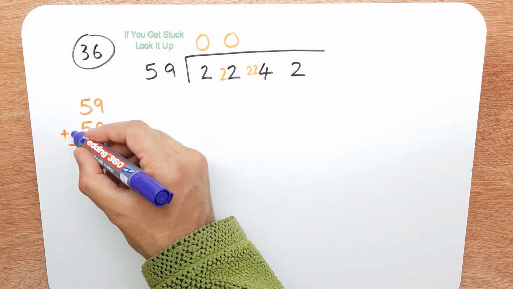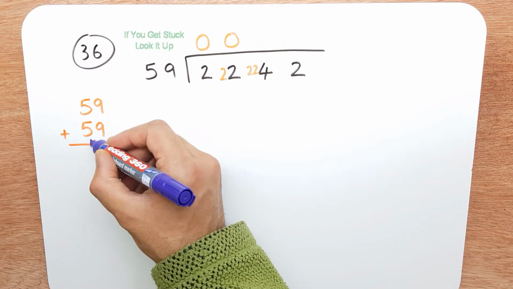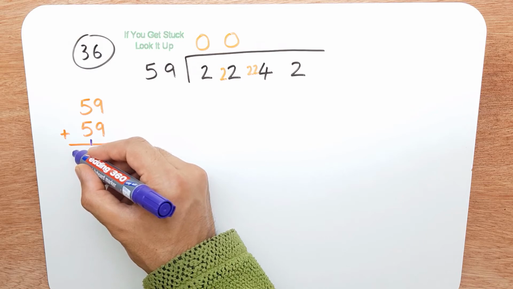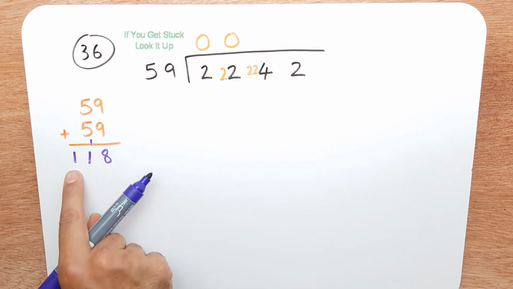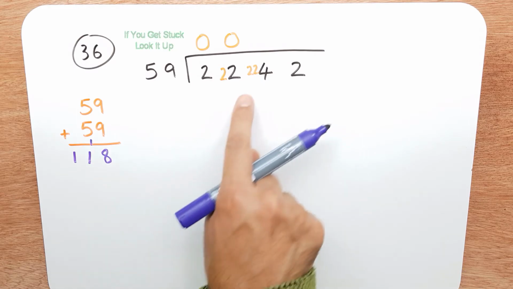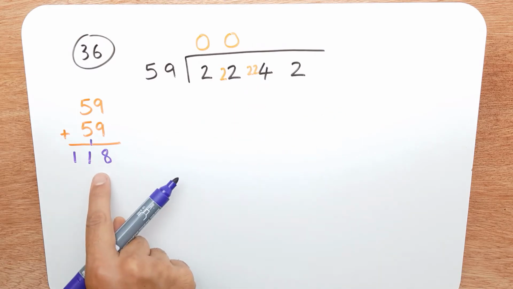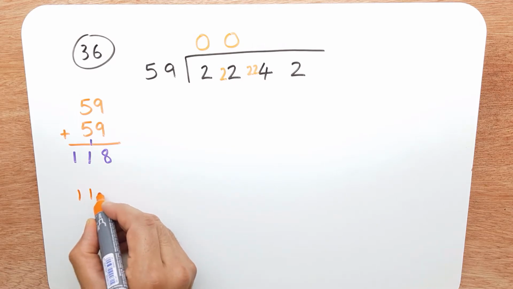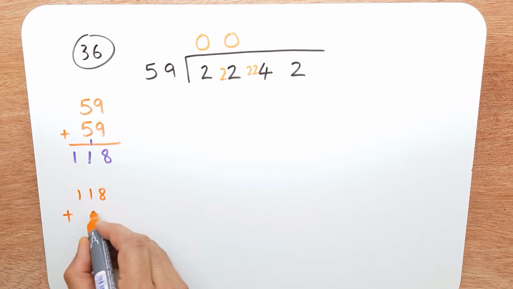Now it's 5 add 5 is 10, plus the 1 we've carried over is 11. So we put the 1 down and carry the 1 over to the next column. So now we have 118. And we have 224, so we can keep going. So we can do 118, add another 59.